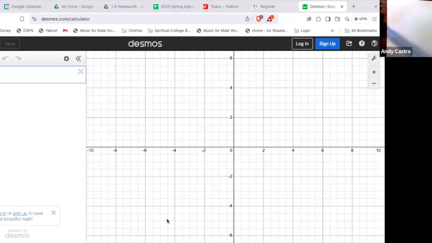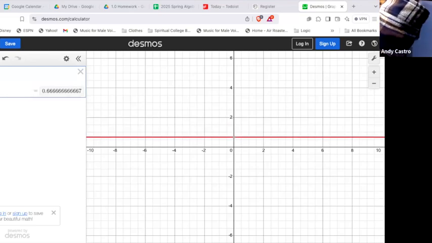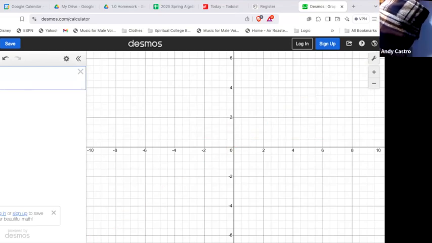I'm going to share my screen here, so make sure that you can see. Okay. All right. Now I'm going to put in our line that we just came up with. That was 2/3 x minus 2.